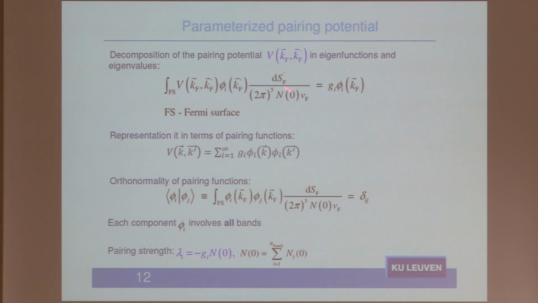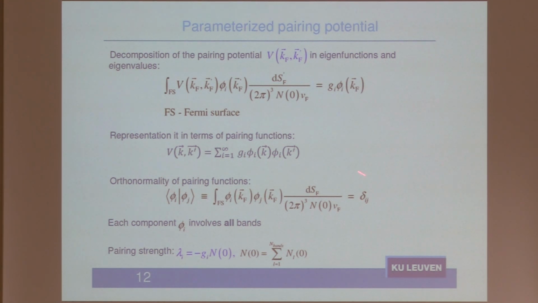So for this, we use an eigenvalue equation for Fi. You can decompose this potential like you decompose any function in some set of independent functions. You can decompose this into different components of this type, Fi k k-prime.